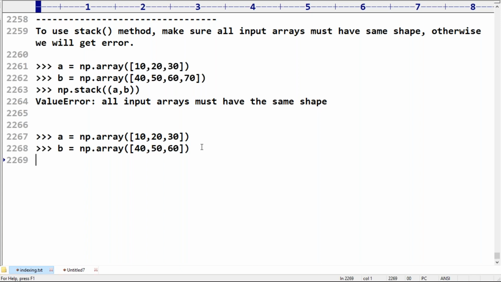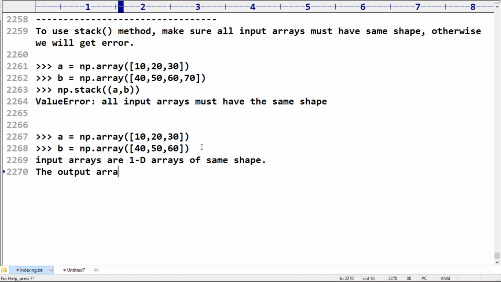Both input arrays are 1D arrays of the same shape. Now the output array, the stacked array, is the output array.